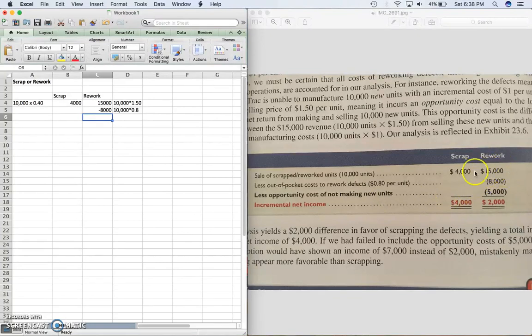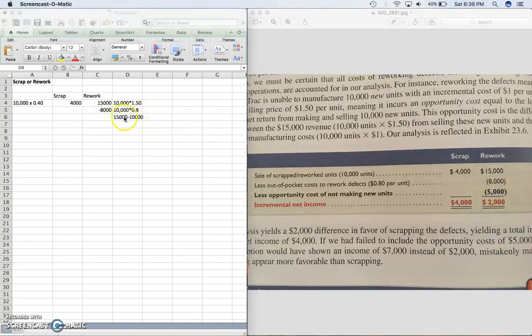So the 15,000 that we would have had minus the 10,000 that's already lost. Remember when we said the sunk costs were already lost, so 15,000 minus that is the 5,000 opportunity cost that we lost.